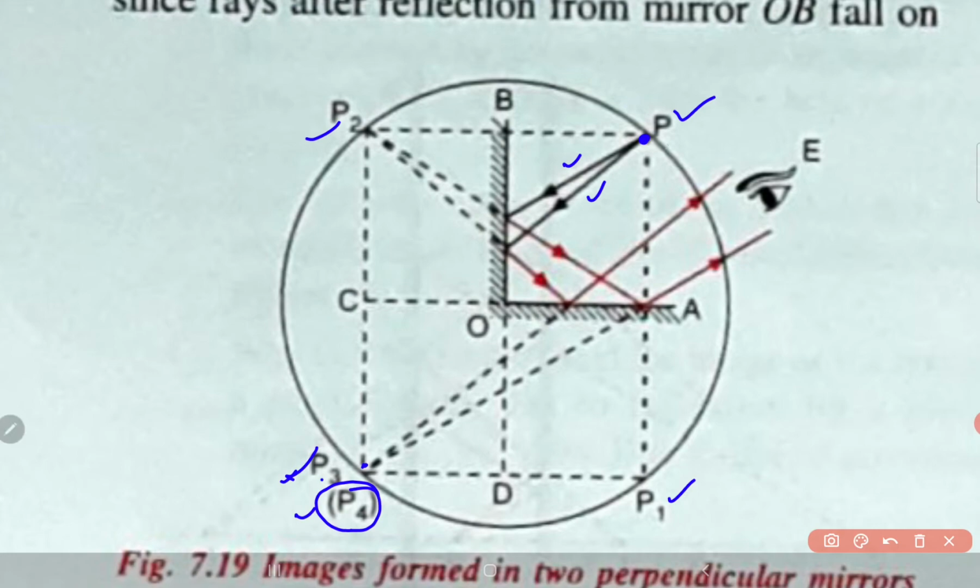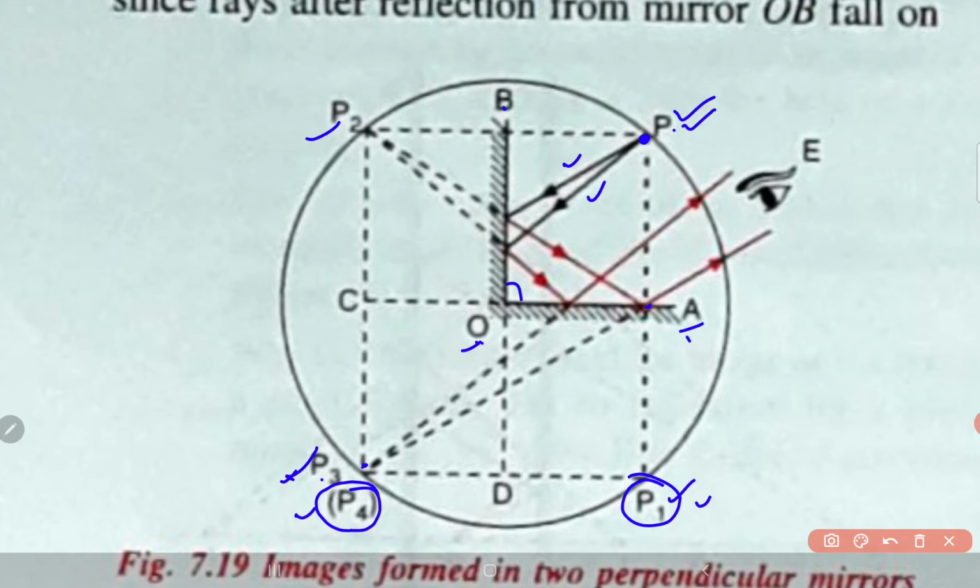Considering P as the object and OA as the mirror, such that it is perpendicular to BO, this object will reflect light on this particular surface, and thus can create P1 easily here. So P1 is created by a normal reflection from the mirror OA.